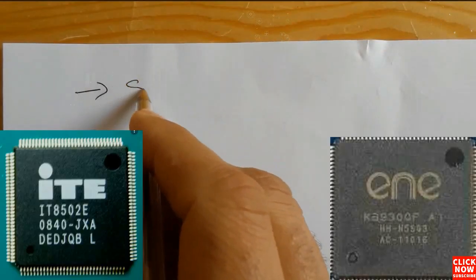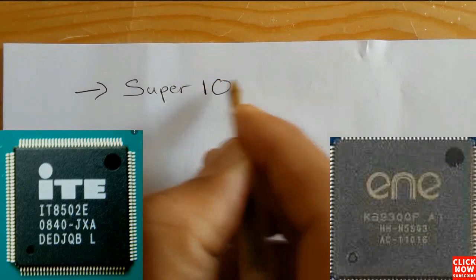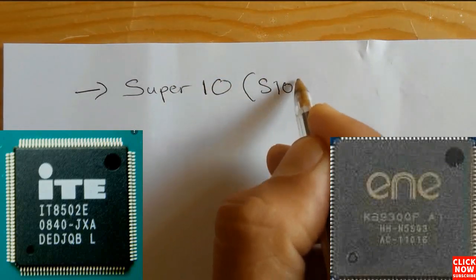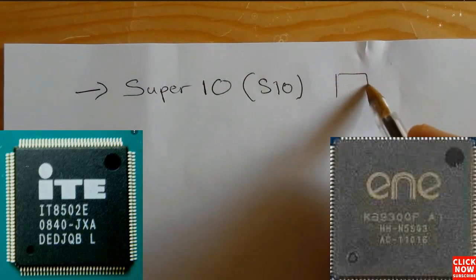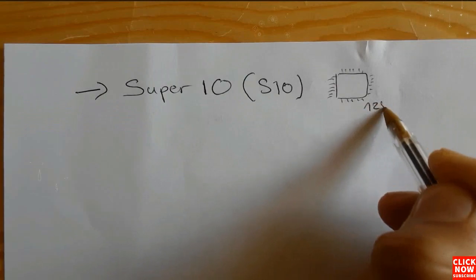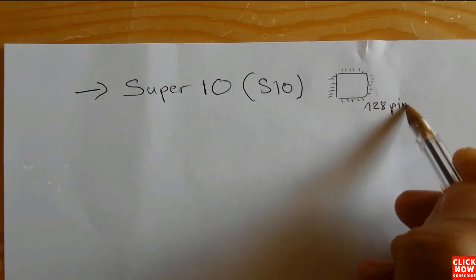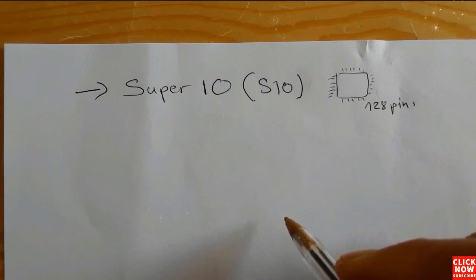So now let's pass to the next failure, the super IO, or super input output. Basically this big IC that has about 128 pins is also one of the ICs in the motherboard that is responsible for the power. Basically, it is a big power management IC.